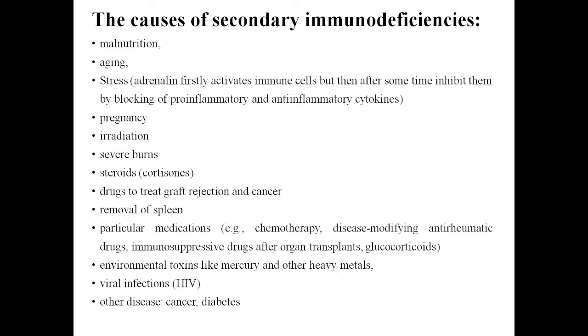Severe burns also cause secondary immune deficiencies, and so do steroids or cortisones like prednisolone and cortisone. These drugs cause secondary immune deficiency. They inhibit immune cells. They inhibit inflammation. You remember that inflammation is a protective mechanism of the organism.